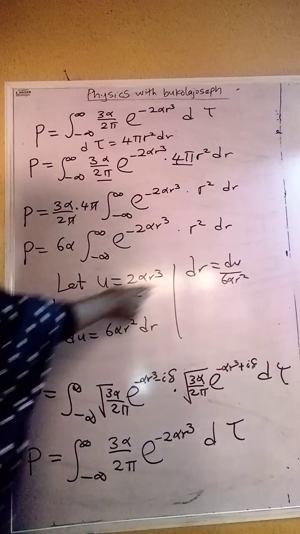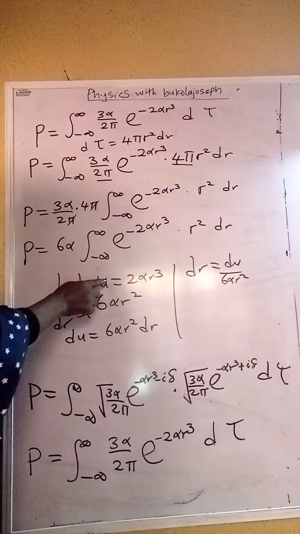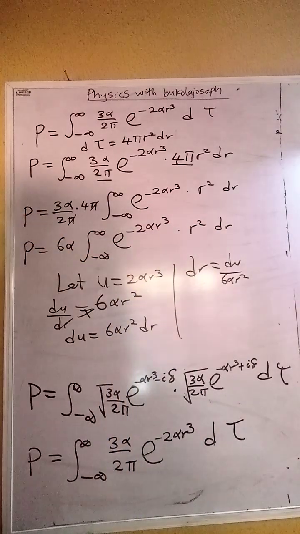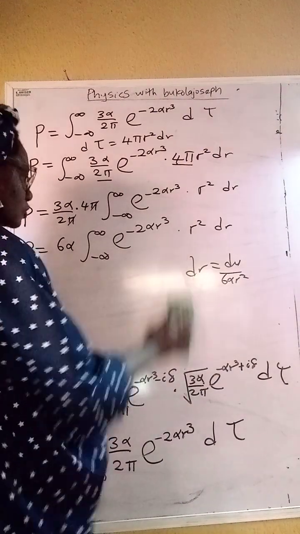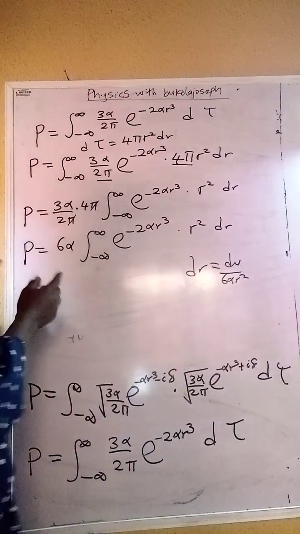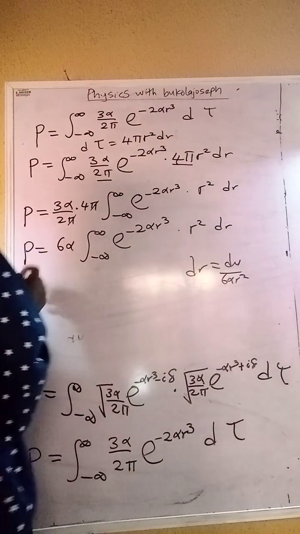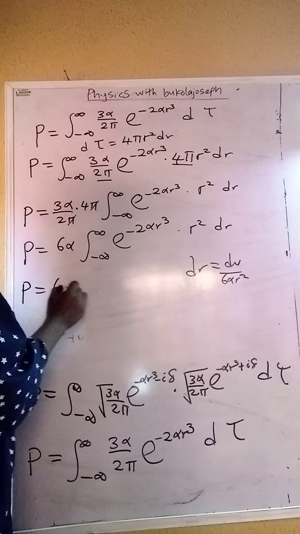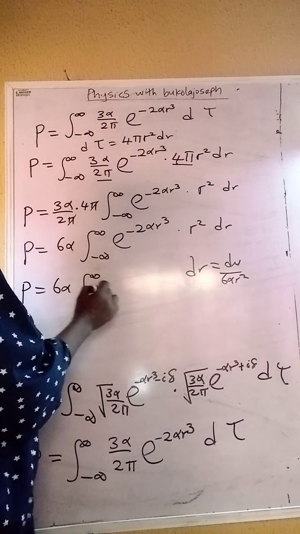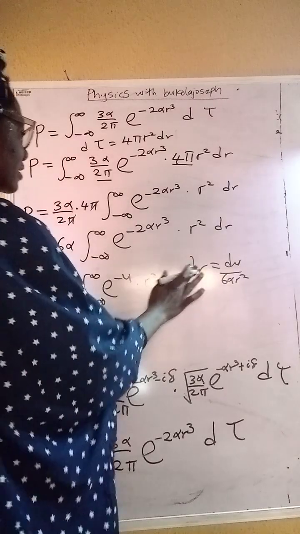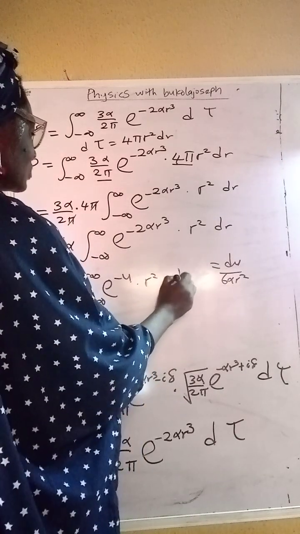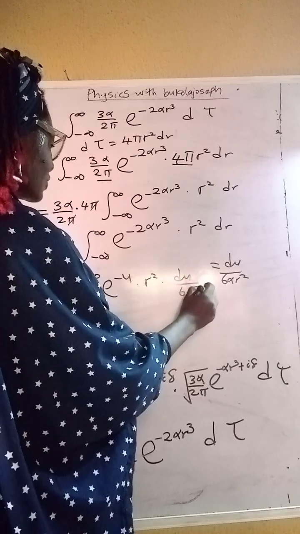We are going to be substituting dr into this equation, and we'll substitute for u into this equation. I hope you understand what we did. So we have p is equal to 6 alpha, minus infinity to infinity, exponential minus u dot r squared dr, and this is my dr: du all over 6 alpha r squared.